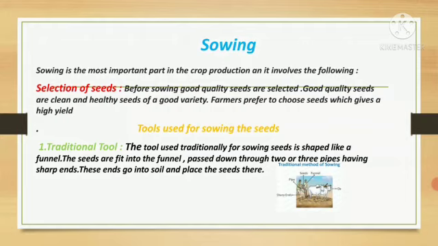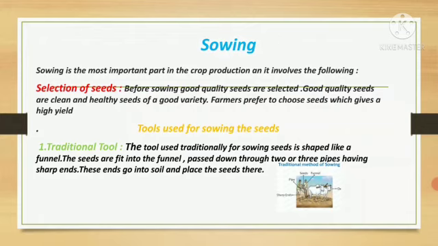Next we have tools used for sowing the seeds. Now after we have selected the seeds, the next step is sowing the seeds. Now let's have a look at the tools that we use for that purpose. First we have the traditional tool. The tool used traditionally for sowing the seeds is shaped like a funnel. The seeds are fit into the funnel and passed down through 2 or 3 pipes having sharp ends.